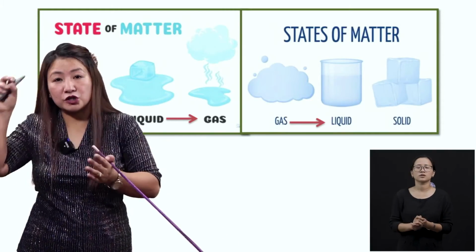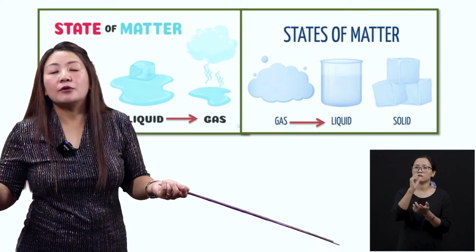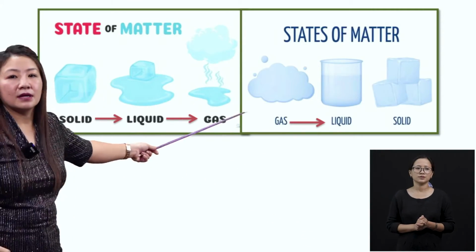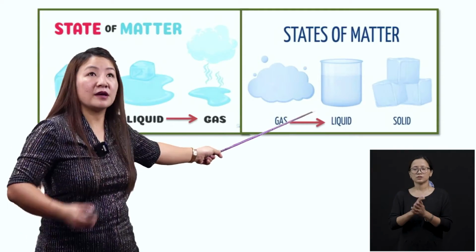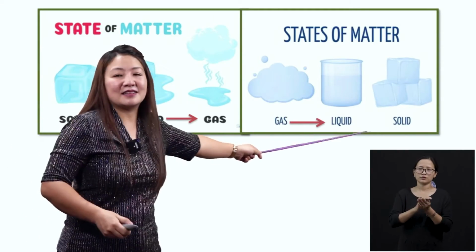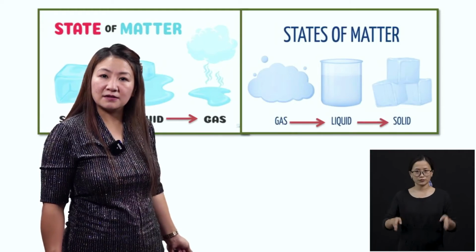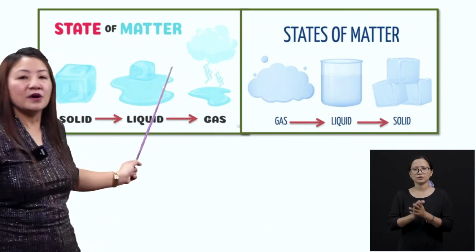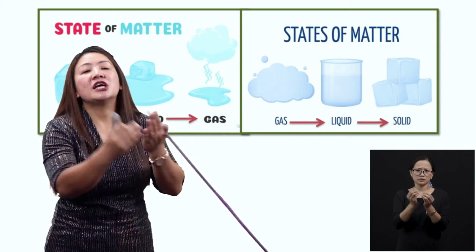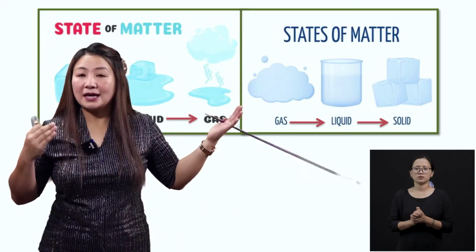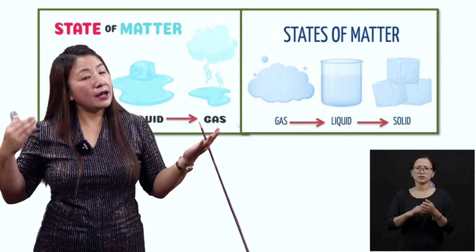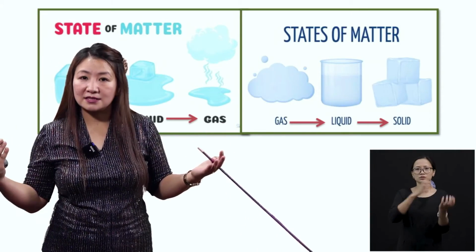If it cools down, the steam, the gas, will turn into liquid. And then if you keep the liquid in the freezer, it will turn to solid. Yes or no? So they are interchangeable. Gas can change back to liquid, and liquid can change back to solid.